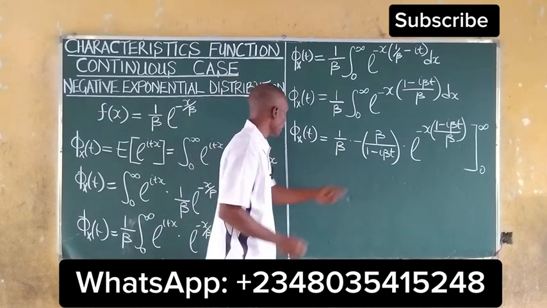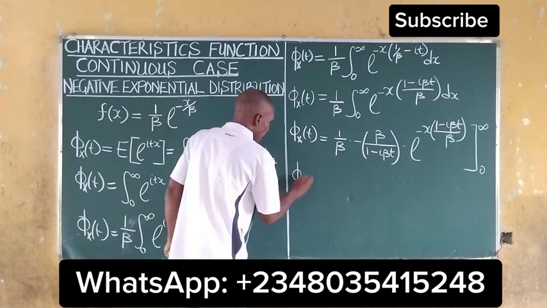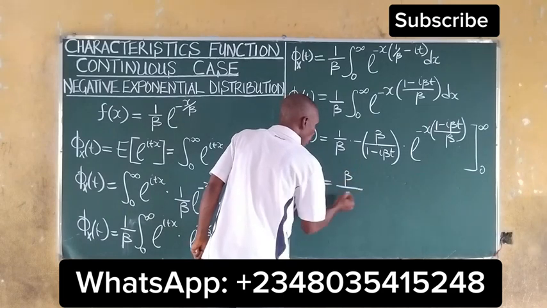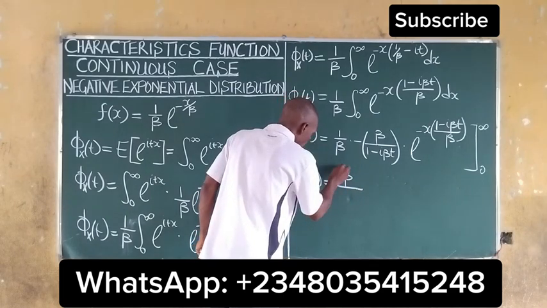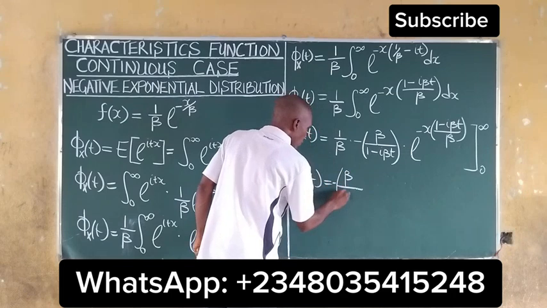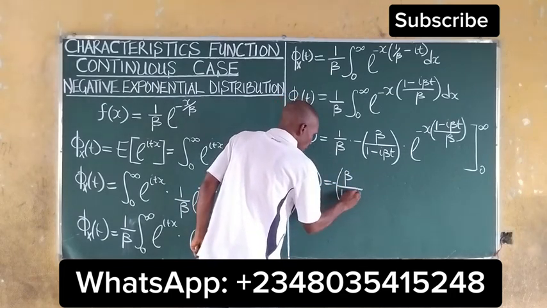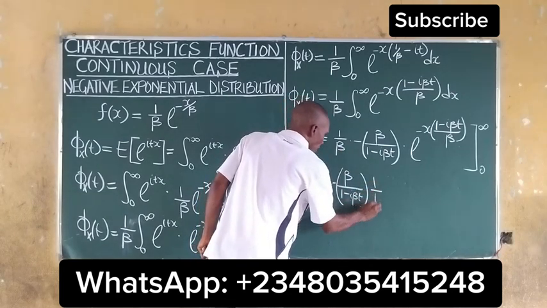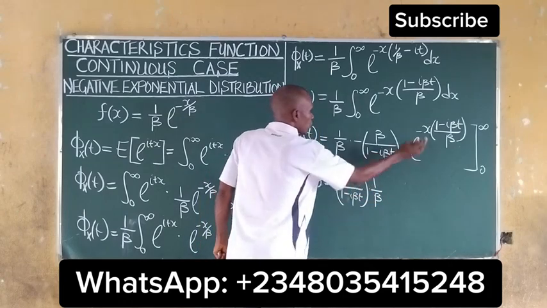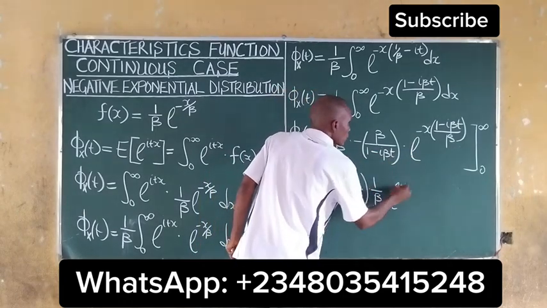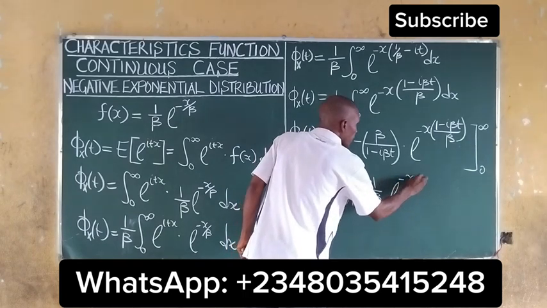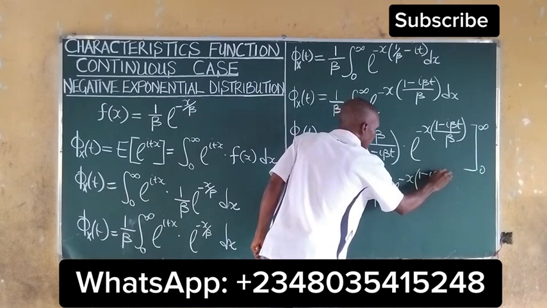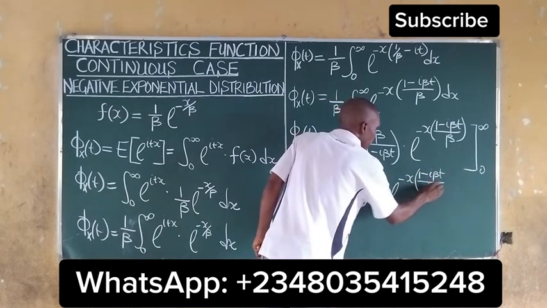Of course, we can rearrange this to give us our characteristic function equal to negative beta all over 1 minus i beta t multiplied by 1 all over beta, into e^(-x(1 - i beta t)/beta).